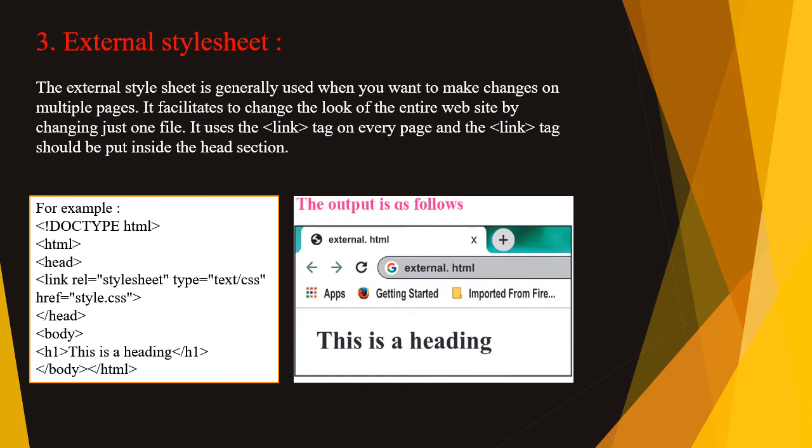Now here we are writing the address as href is equal to, if we have saved that file in D drive and a student folder, then the address will be href equal to D colon slash student slash p1 dot css.